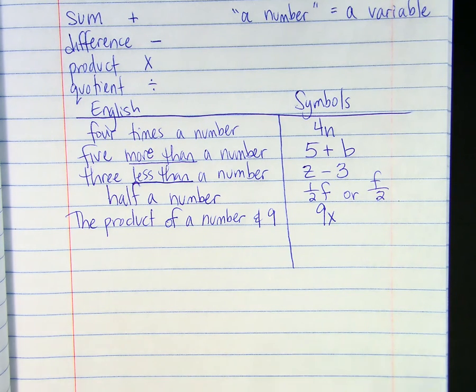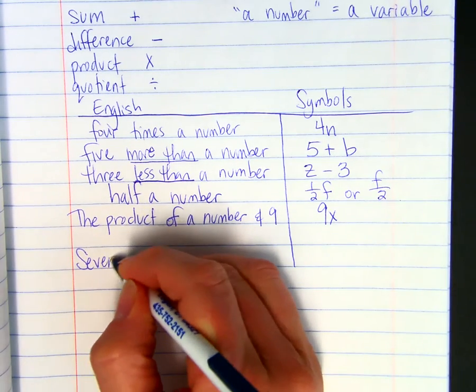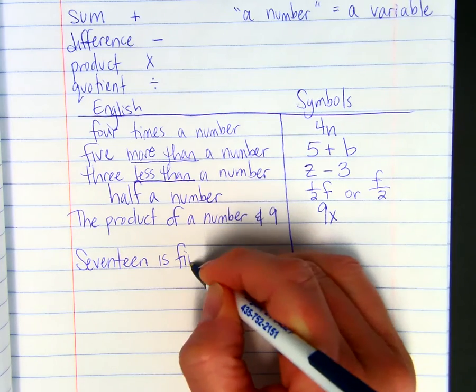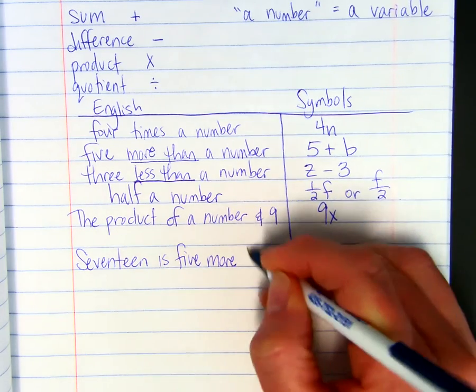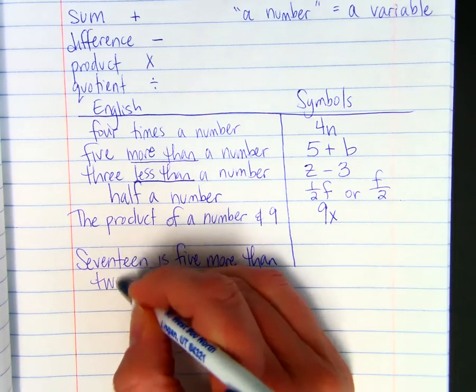So here's an example where we put some of those together. 17 is 5 more than twice a number.